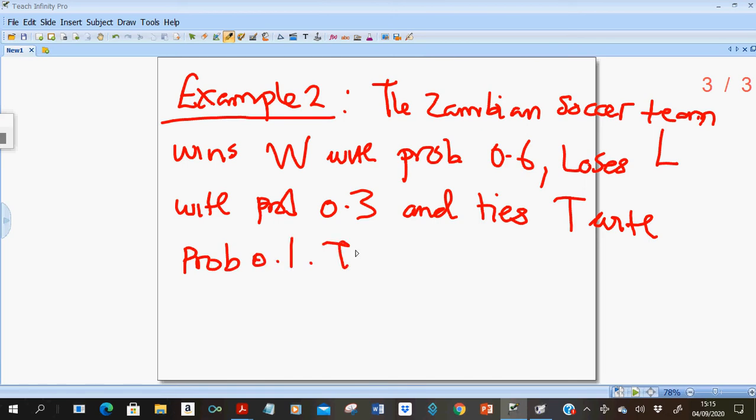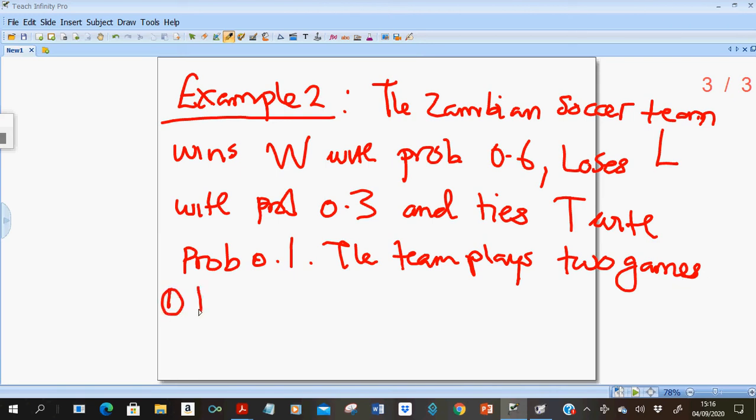The team plays 2 games over the weekend. What is the probability that, one, the team wins at least once?